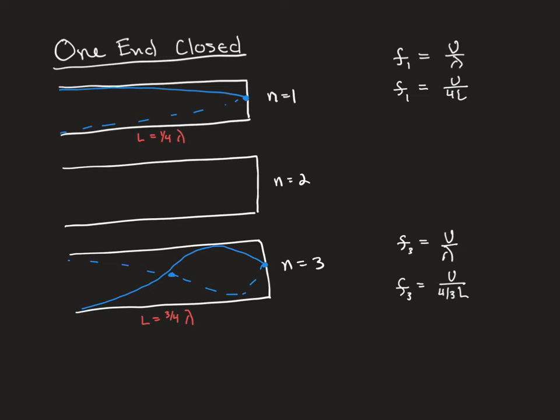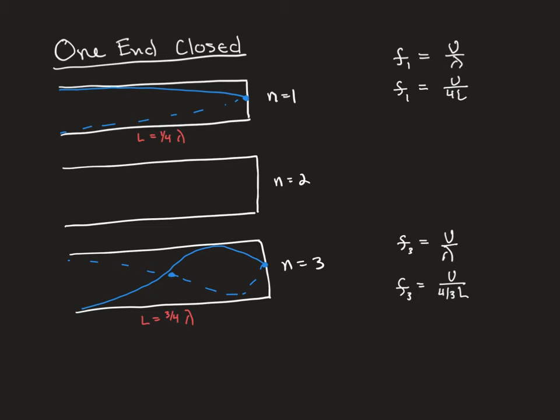Alright, so when we have one end closed, we're going to have a node at the closed part and an antinode at the open part. So for n equals 1, you can see we have just that L is equal to 1/4 of a wavelength. Now when we go to do n equal 2, we have an issue, because I would have a node here, and then increase it to 2, I would need to add another node in.